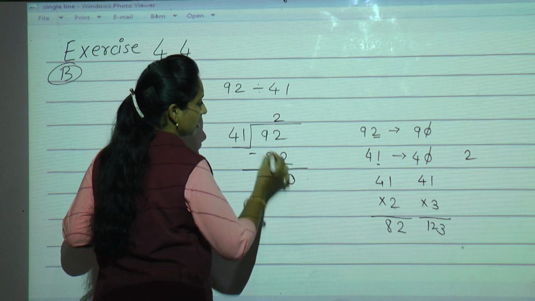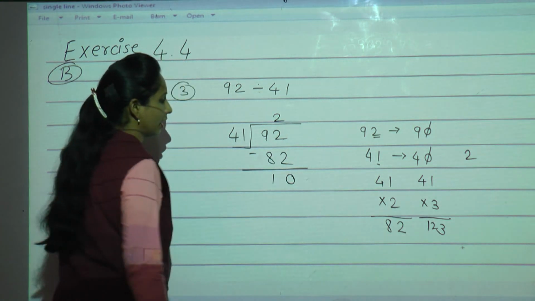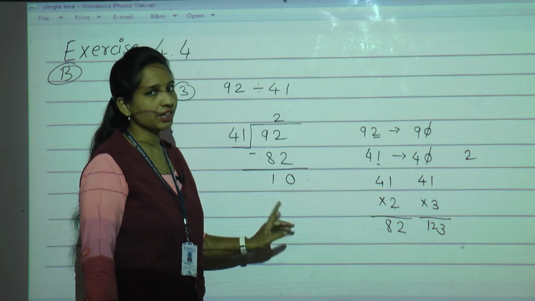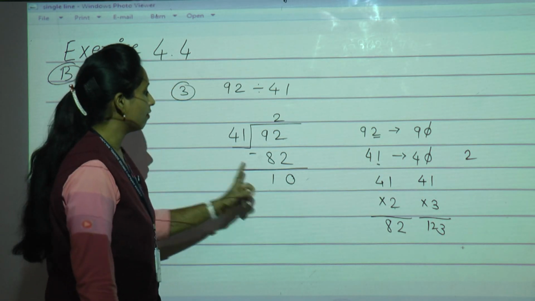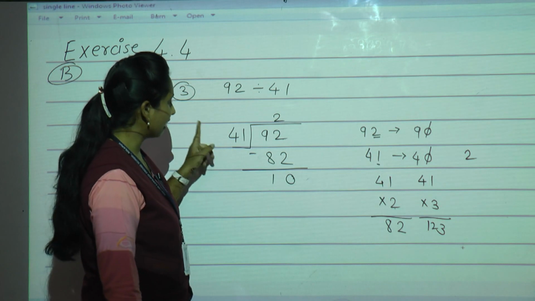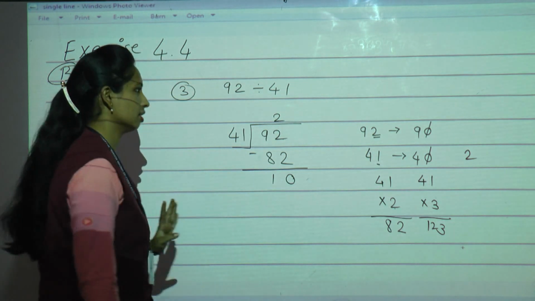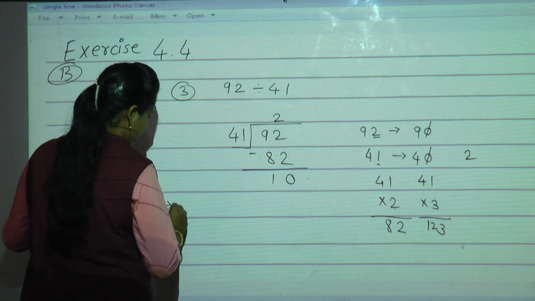2 minus 2 is 0. 9 minus 8 is 1. Now 10 is smaller than 41. So here we have to stop. Whenever the number is greater and can go from the divisor, only that time we have to see. So what is your answer?